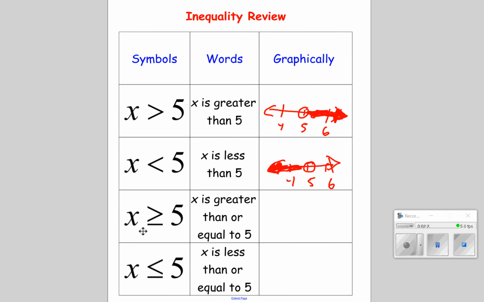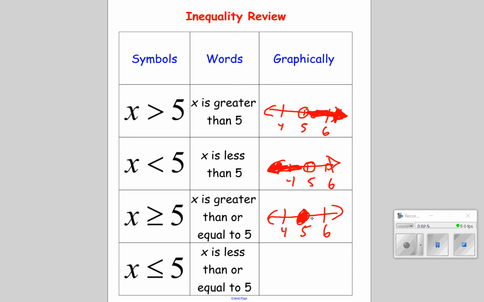Now you get to this one. This is read as x is greater than or equal to 5. If I were to draw the same number line, 4, 5, and 6, well, now 5 is part of the solution. So instead of an open circle, we put in a shaded circle to show that 5 is included. 5 is greater than or equal to 5.